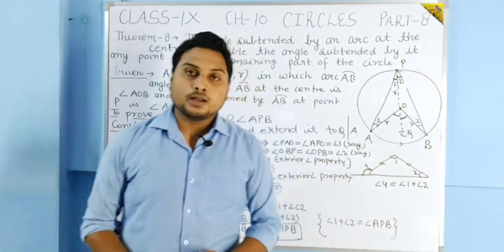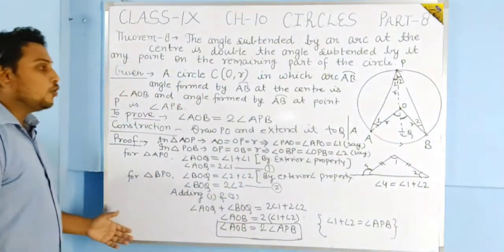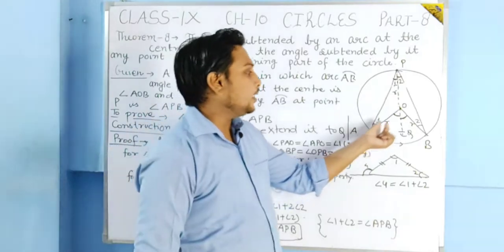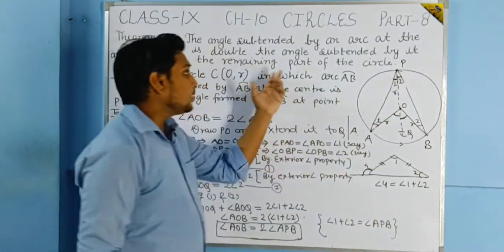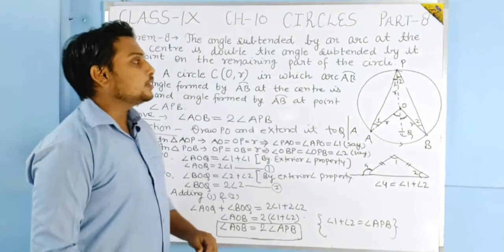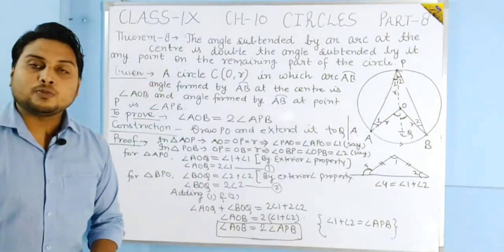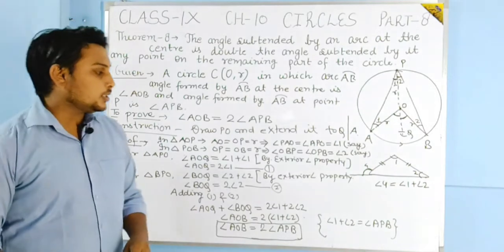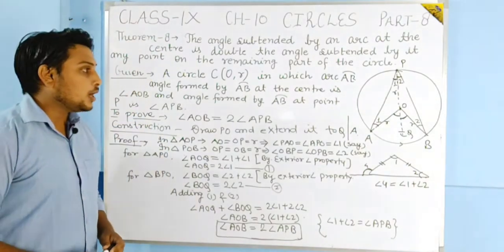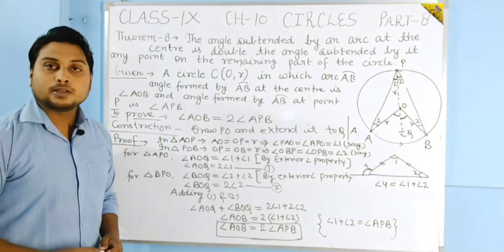Are you getting my point? So this is how we can prove that the angle subtended by an arc at the center is double the angle subtended by it at any point on the remaining part of the circle. Students, now you can pause the video and note down the proof of this theorem.